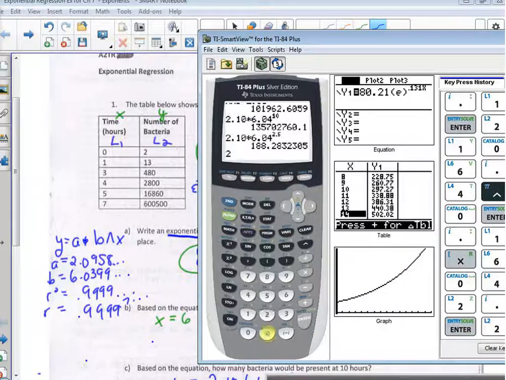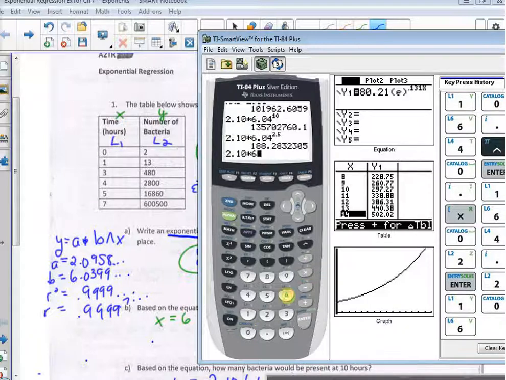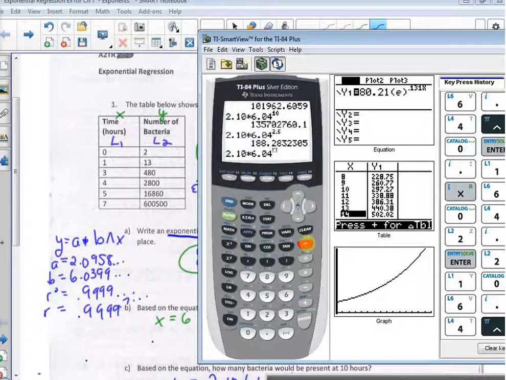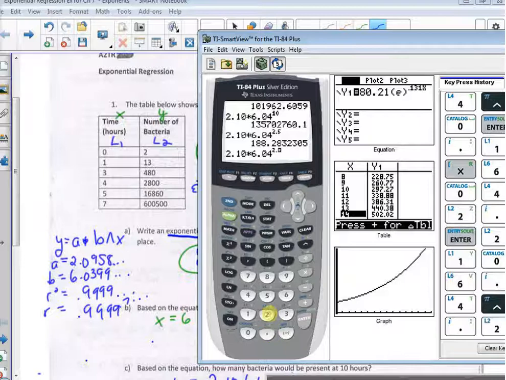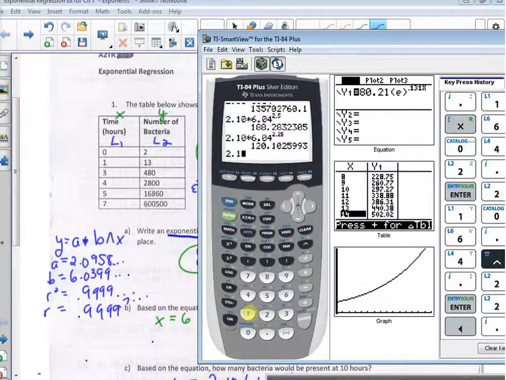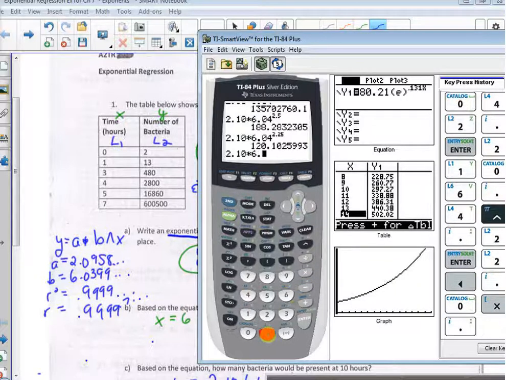So 2.10 times 6.04 to the, let's try 2.25. Okay, 2.10 times 6.04.